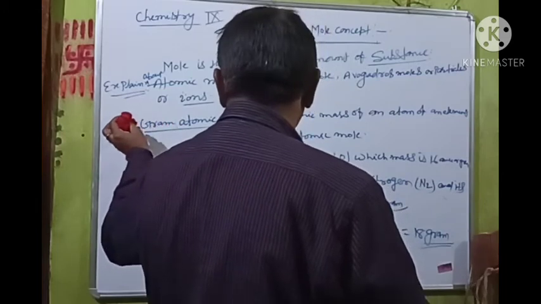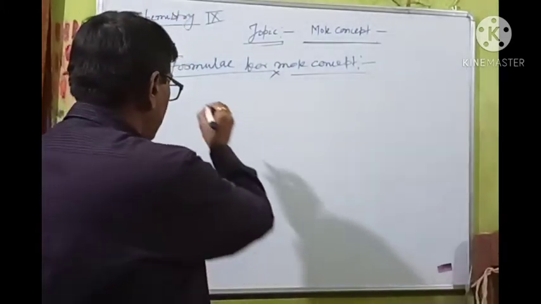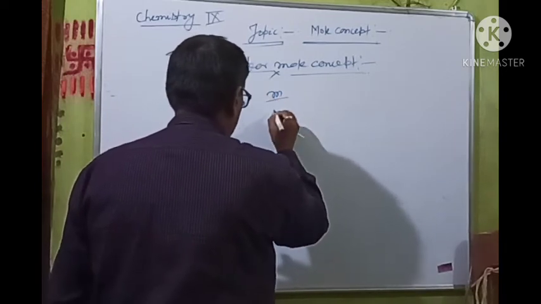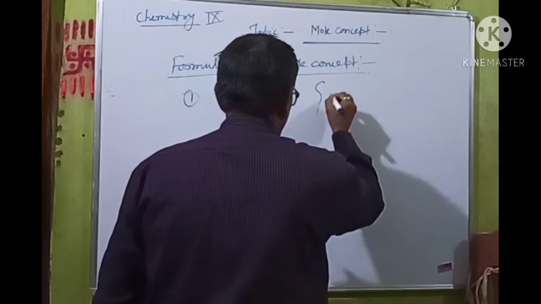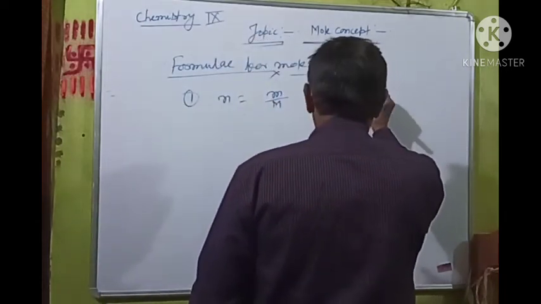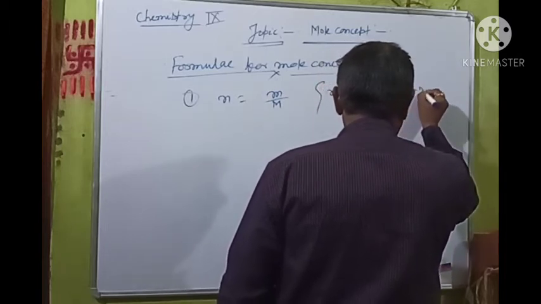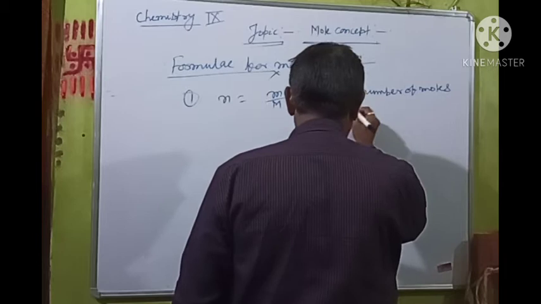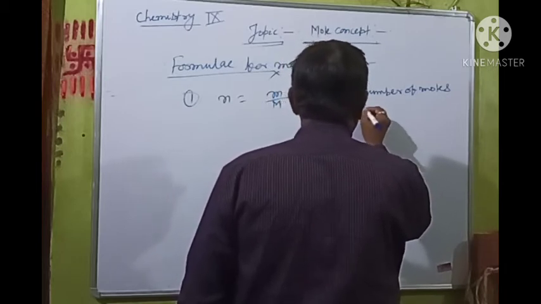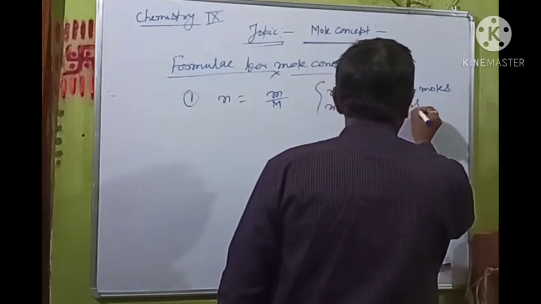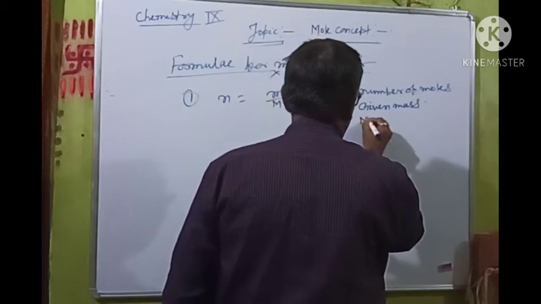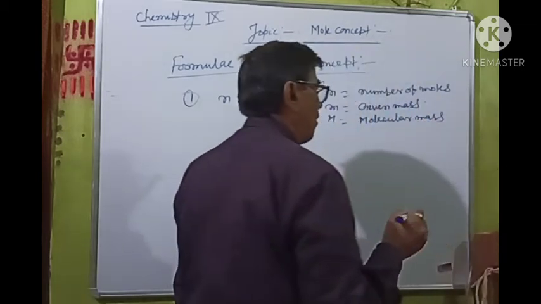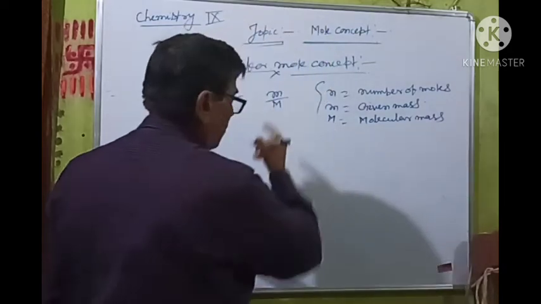The first is small n is equal to small m divided by capital M. Here small n represents the number of moles, small m is the given mass, and capital M is the molecular mass of an element or molecules. So n is equal to m by M.